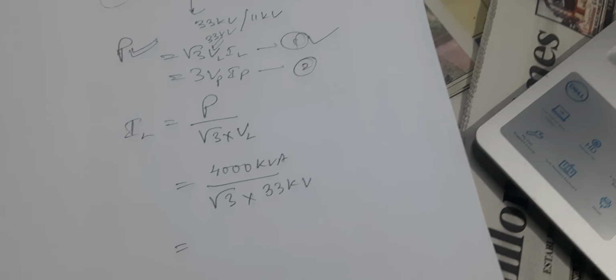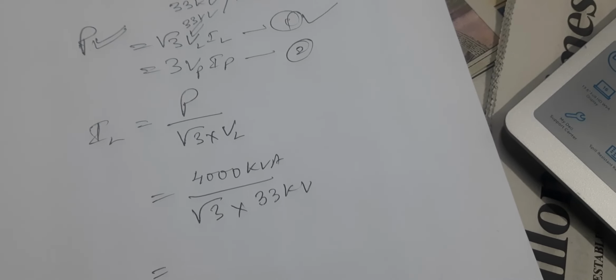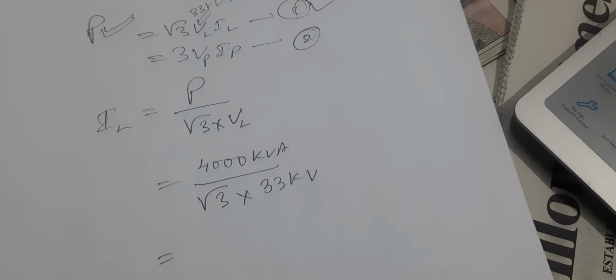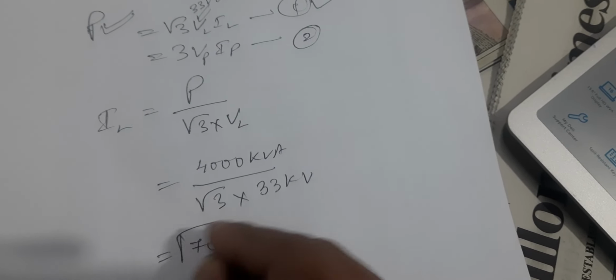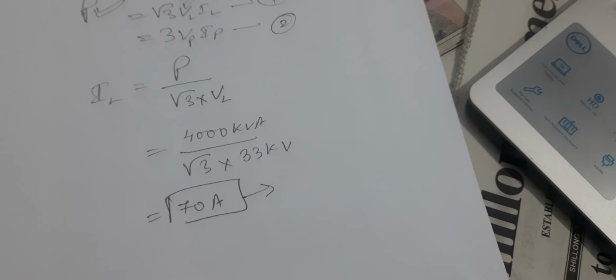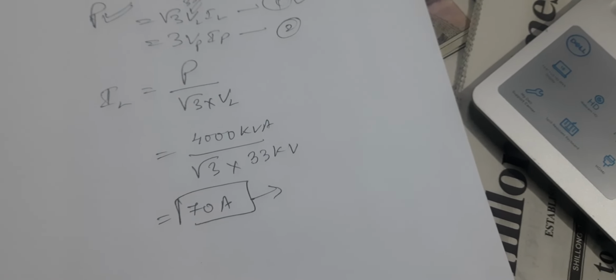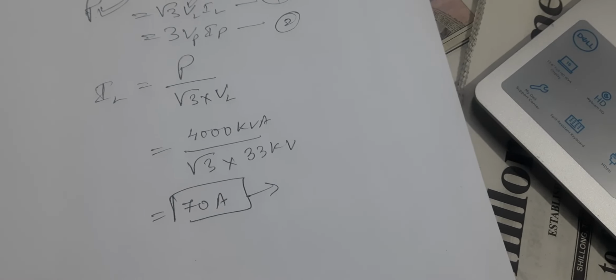If you use a calculator, you will get 70 ampere. This is the full load current, the scenario where the consumer draws exactly 4000 kVA.